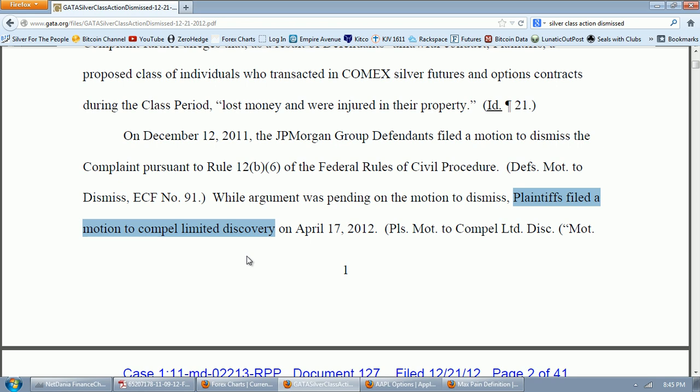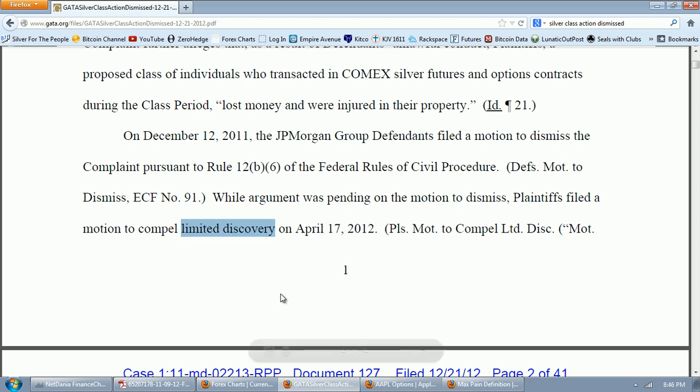And they are also allowed to subpoena and try to get documentation. If they know about something, they can ask for it. Sometimes they can kind of go on fishing expeditions, but this is the stage in a trial where a lot of things can change because of this power of discovery. What the plaintiffs were asking for in this case is that the judge allow them limited discovery.